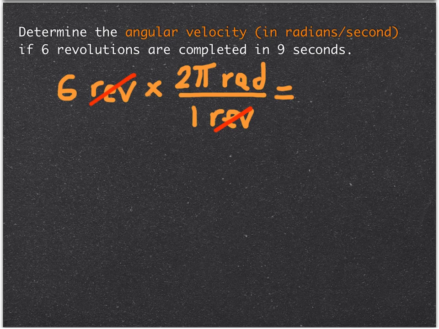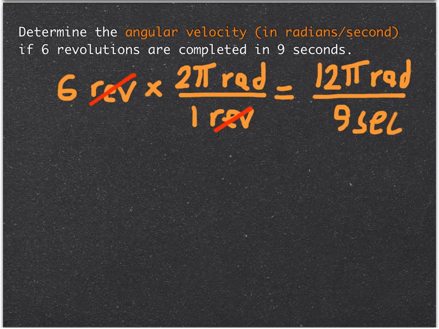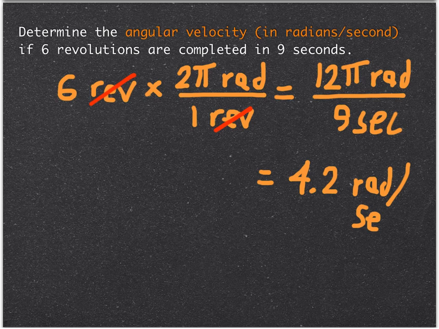So in this case, I'll get 6 times 2 pi, which is 12 pi radians, and it says that this is accomplished in 9 seconds. So these are the units I want, so I just have to divide those two things. When I take 12 pi divided by 9, I get about 4.2 radians per second.